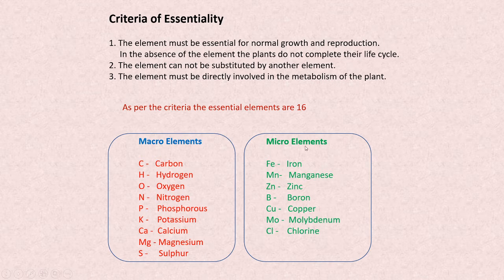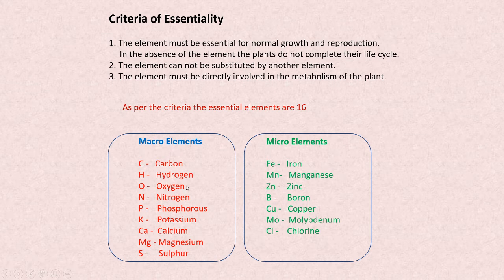Then micronutrients are required from 1 to 100 microgram per gram of dry weight. So what are the macro elements and how many are there? A total of 9 macro elements and 7 micro elements are identified. Let us see what are macro elements.